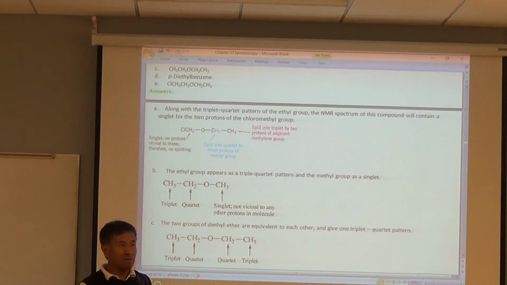If it is only on the adjacent carbons and there is no difference, then you will not split.